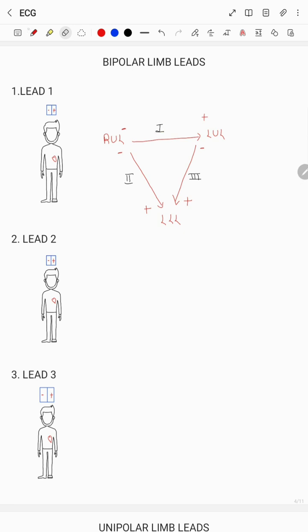In lead 1, the negative is attached to the right upper limb and positive is attached to the left upper limb. This is negative, this is positive. So the direction of flow of current is like this.